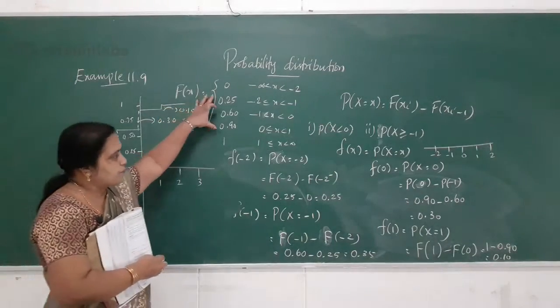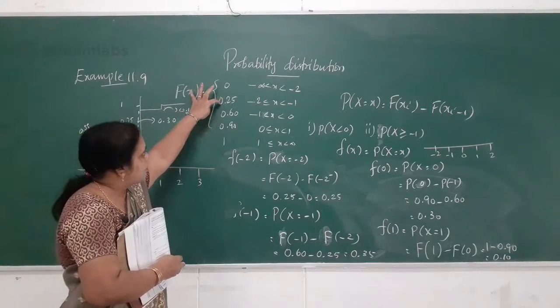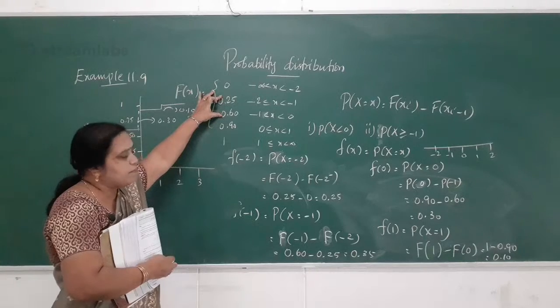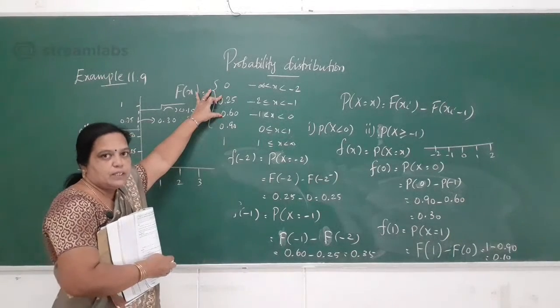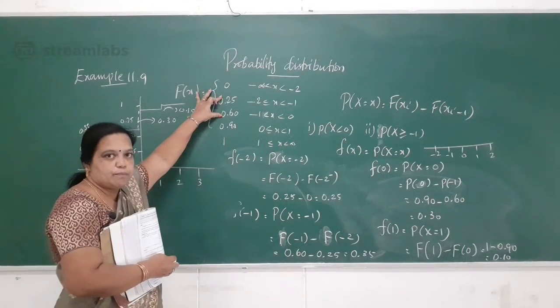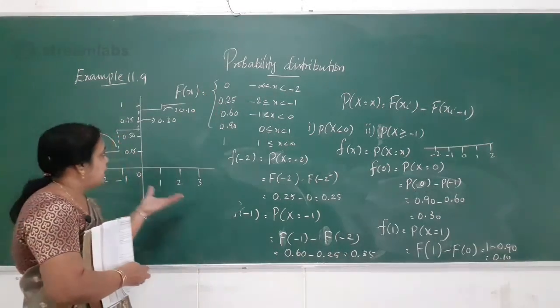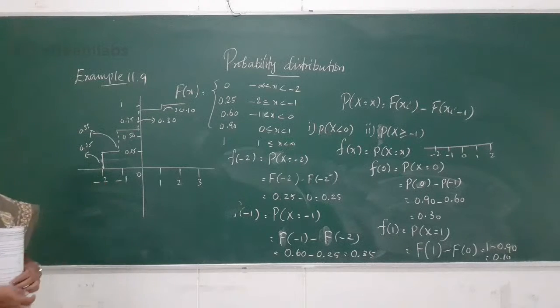They have given these values. See here, 0.25 jumps to 0.60, in between 0.35. We found that measurement and mentioned it on this graph.